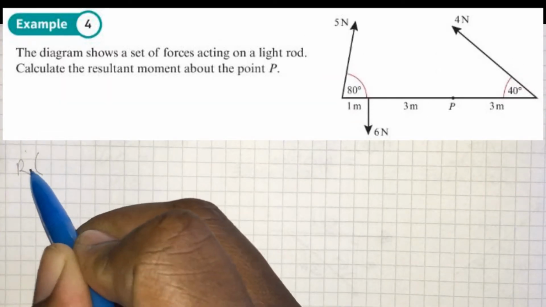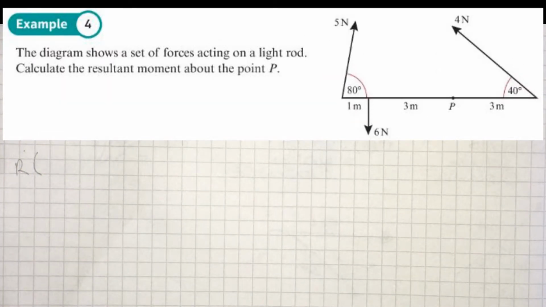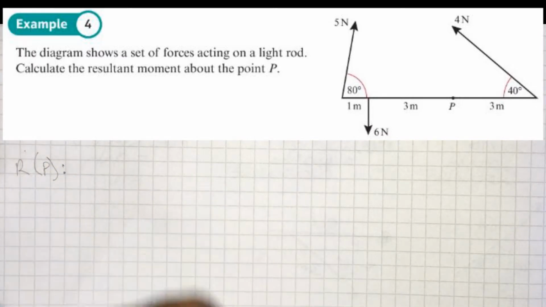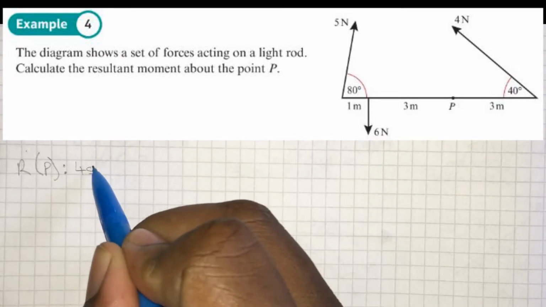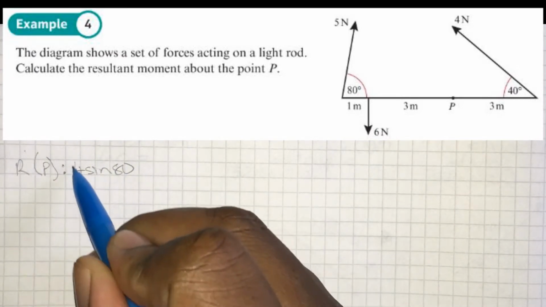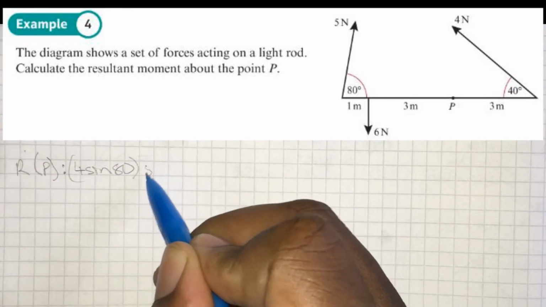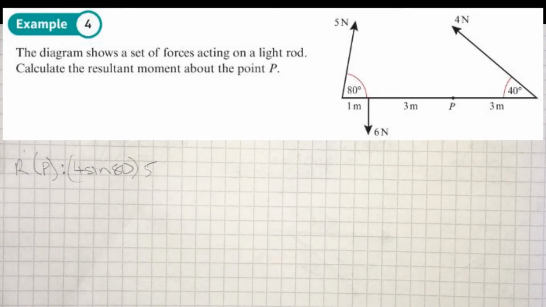Okay, so let's go in for another one. This has some diagonal forces, so we are going to need to find the perpendicular components for us to be able to work with. So the clockwise forces we'll start with again, and I know that the 5 Newton force is clockwise, so the perpendicular distance, 4 sine 80, multiplied by the force of 5.